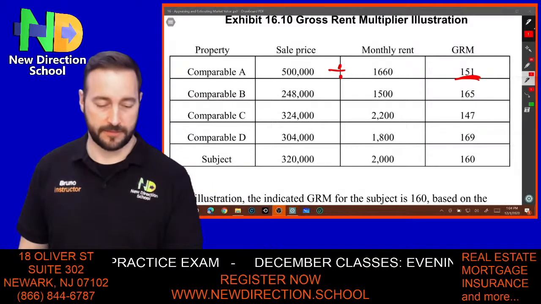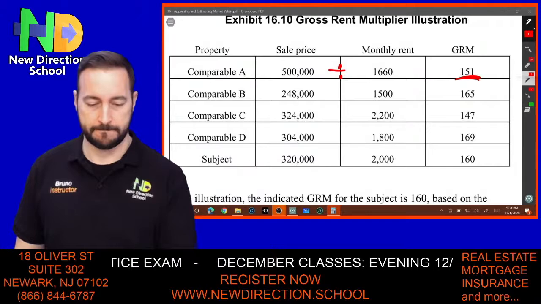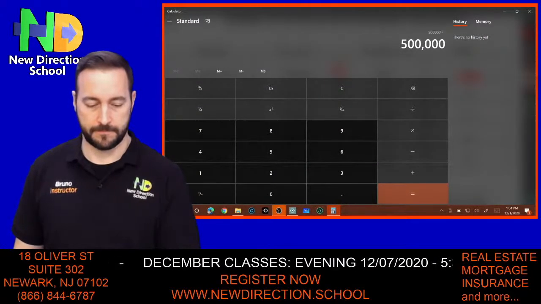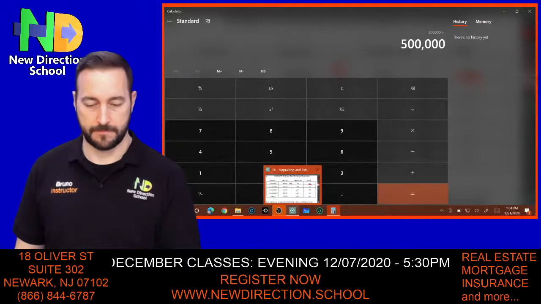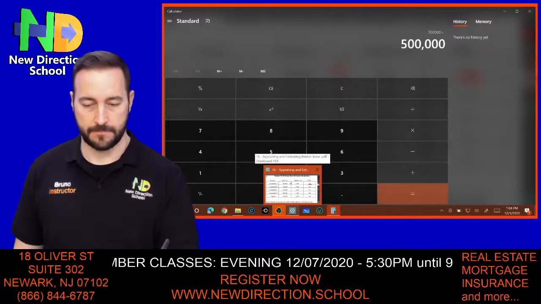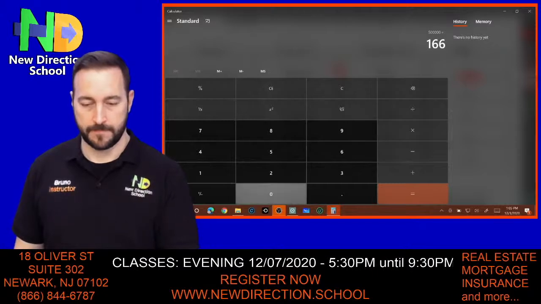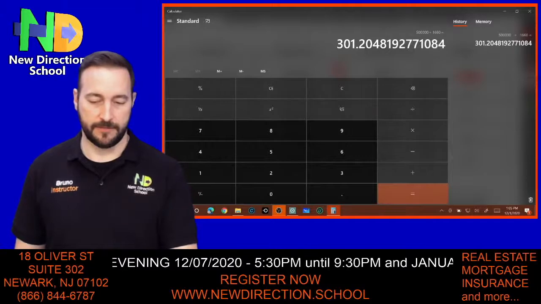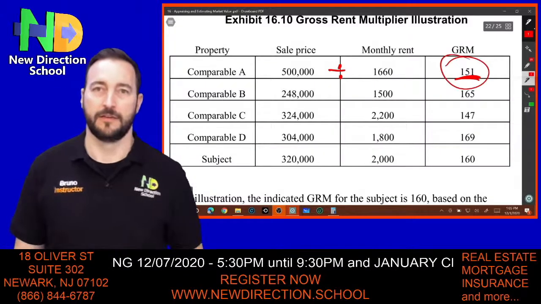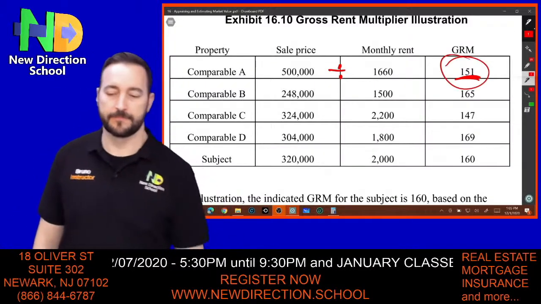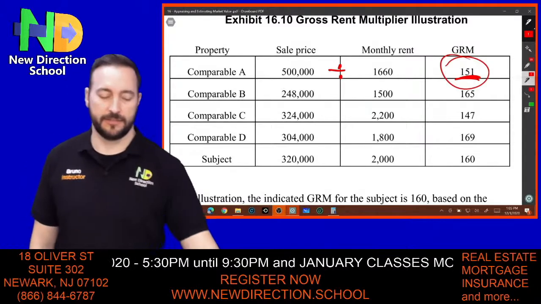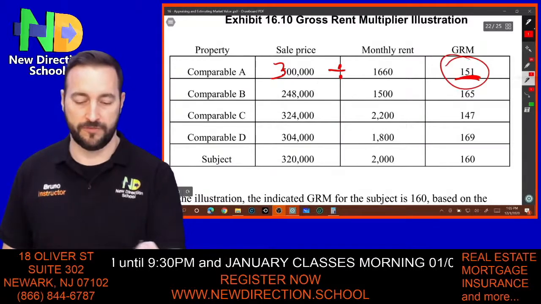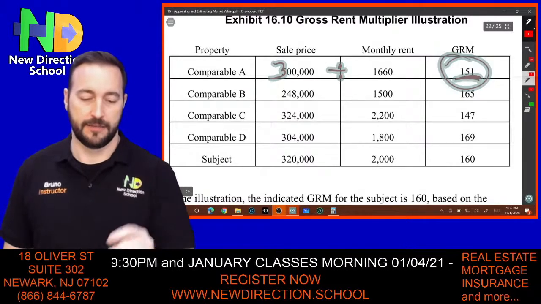It's 301, and the publisher put 151 here. So it's a little off. I don't know what number there was. I think this is probably supposed to be a 3 or maybe a 4.